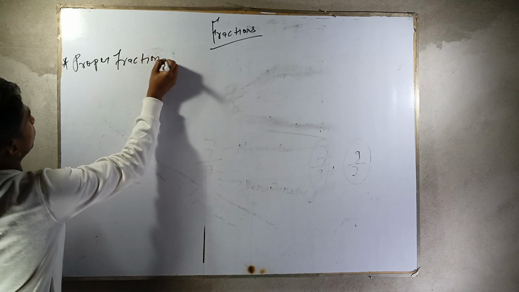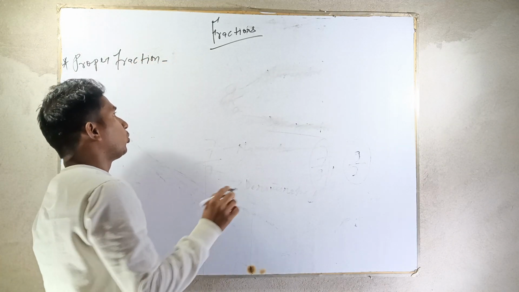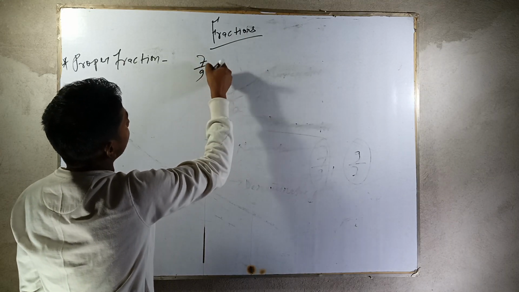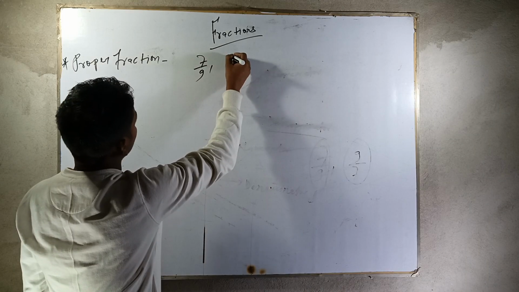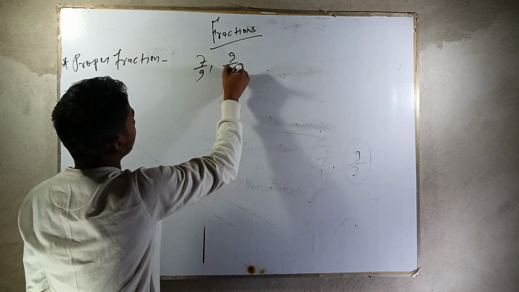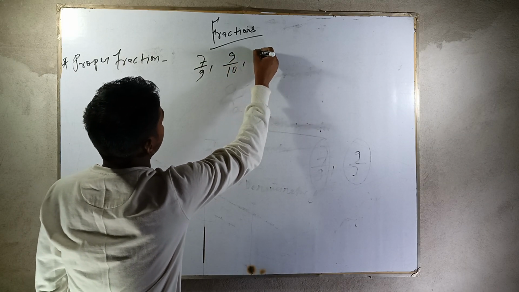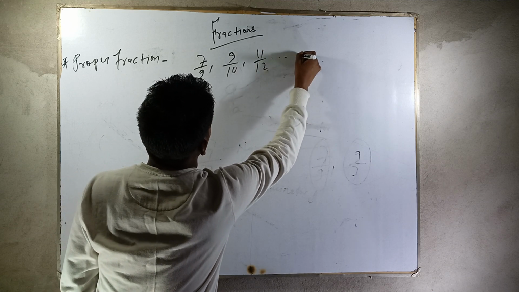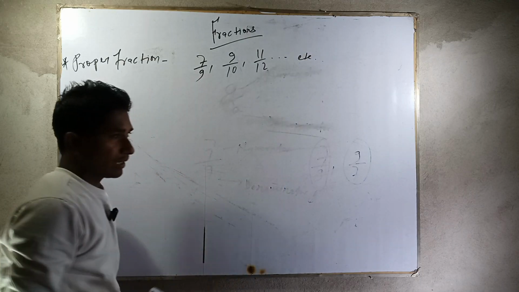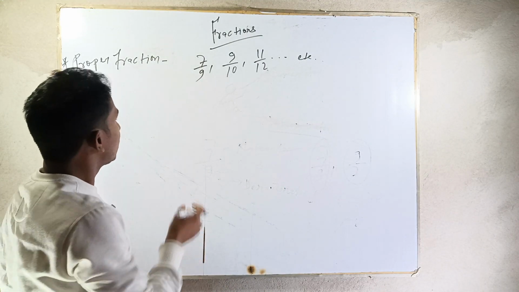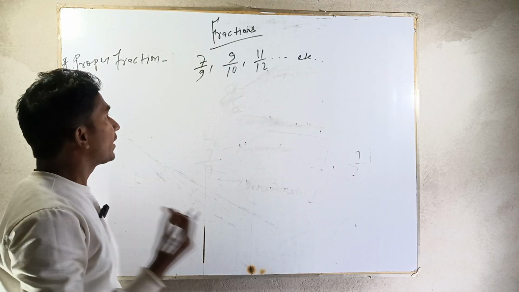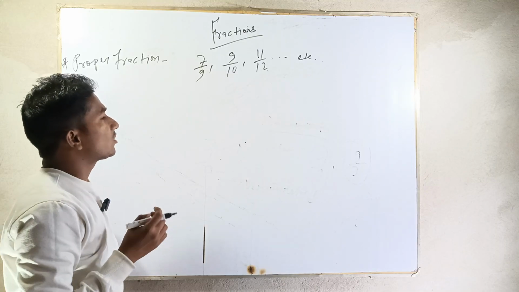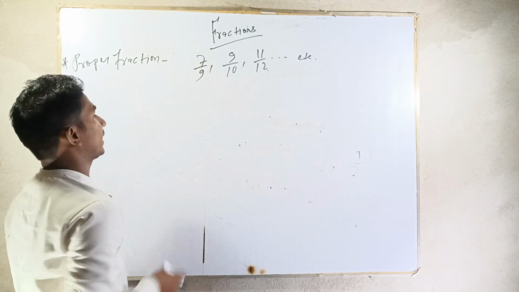Suppose this one is 7 by 9 and another one is 9 by 10 and 11 by 12, etc. In these fractions the numerator is less than the denominator, and that is called a proper fraction.